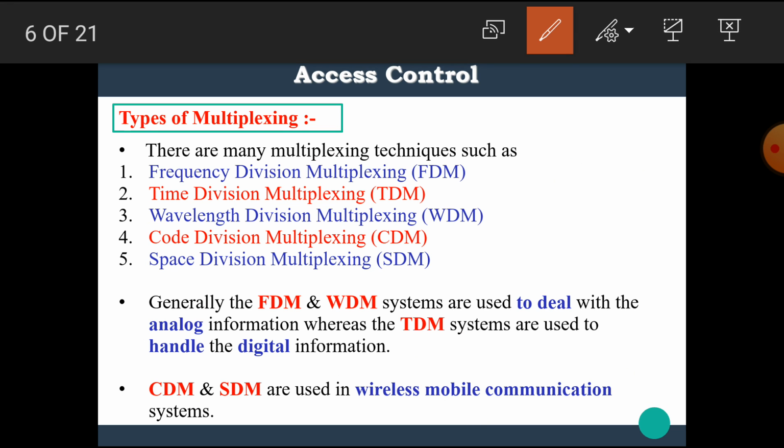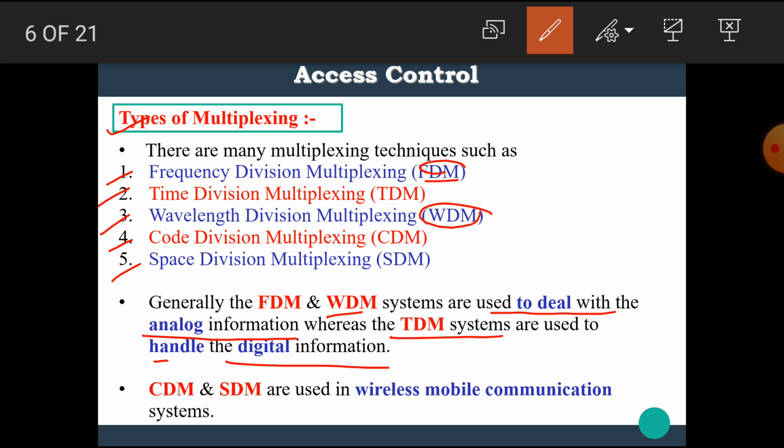Now let's see the types of multiplexing in communication. There are many multiplexing techniques, such as frequency division multiplexing, time division multiplexing, wavelength division multiplexing, code division multiplexing, and space division multiplexing. Generally, frequency division multiplexing and wavelength division multiplexing systems are used to deal with analog information, whereas time division systems are used to handle digital information.